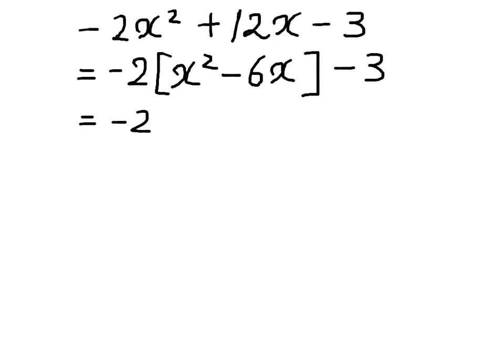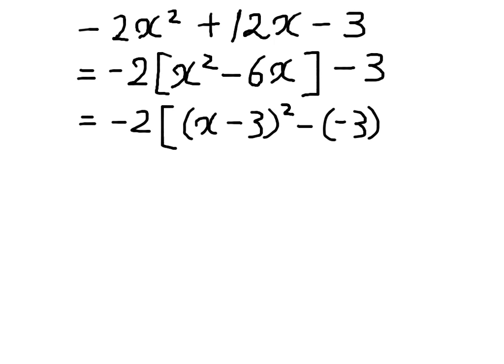Next, I'm going to complete the square inside the square bracket, so I'm going to do x. Half of minus 6 is minus 3, close the bracket, and then subtract the square of minus 3, and minus 3 is still outside.